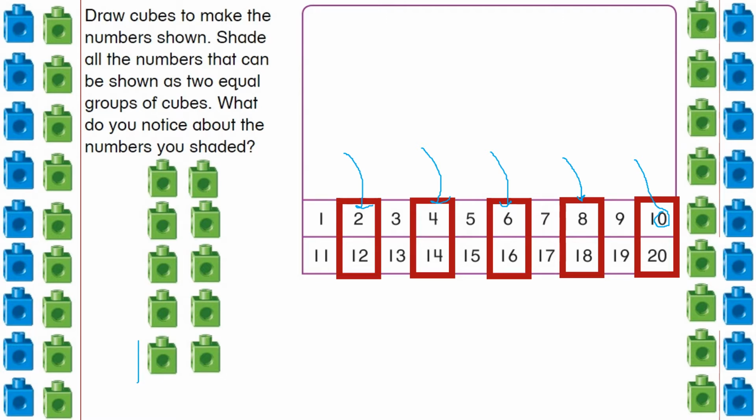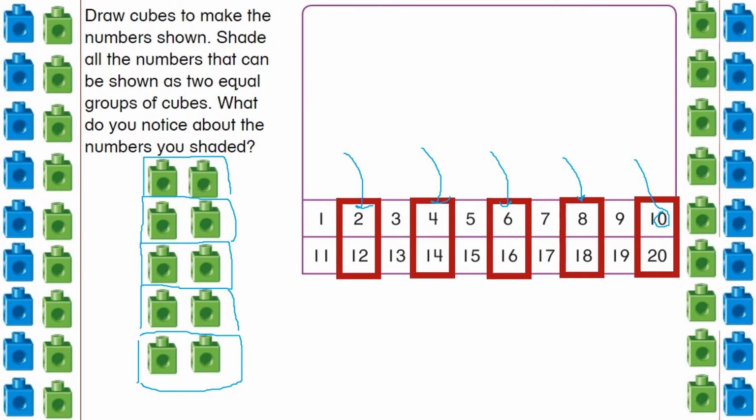Because when I had 2, I had this. And when we had 4, we had another even stack again. And when we had 6 and 8 and 10, okay, that's an interesting thing to remember.